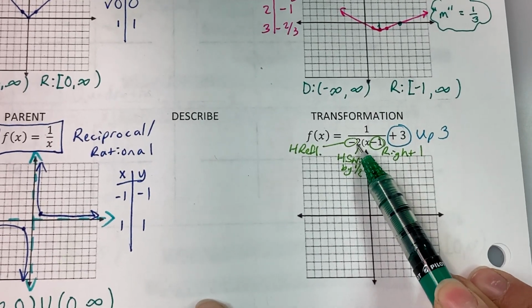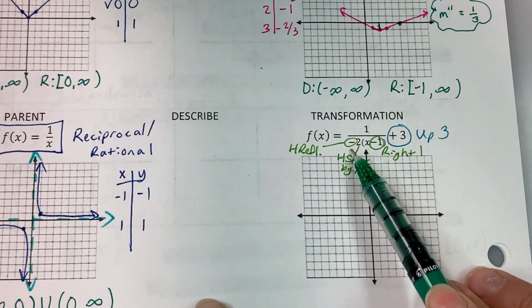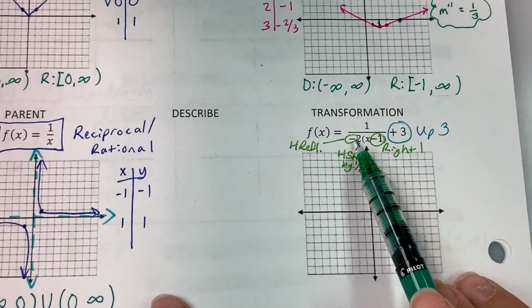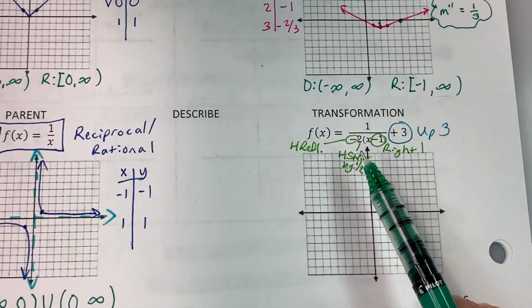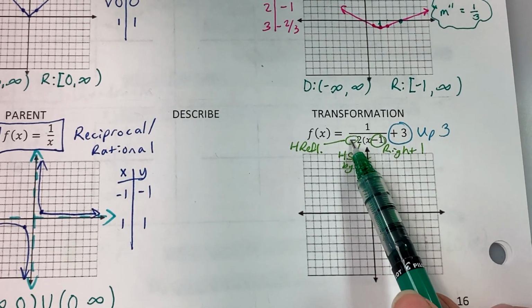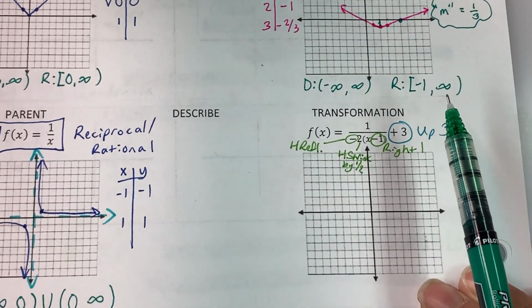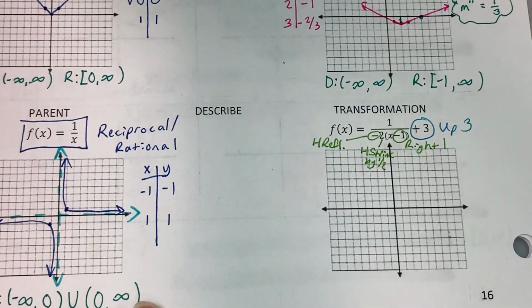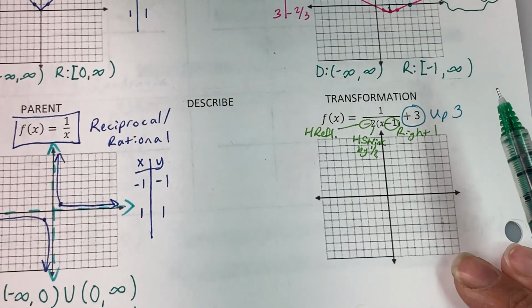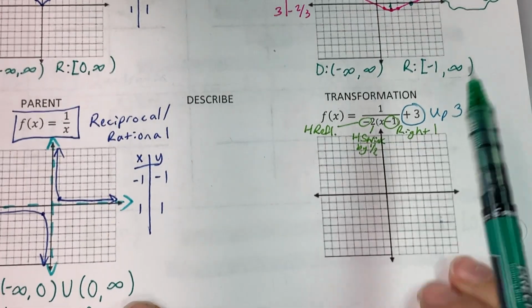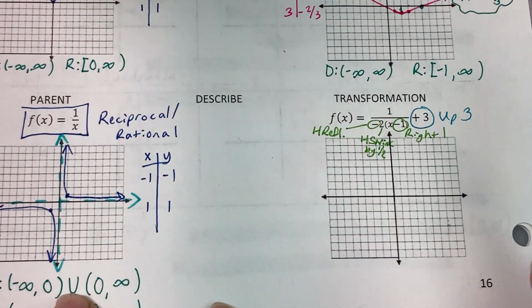The 2 is a horizontal, we reciprocalize the 2, shrink by a half, and the negative is a horizontal reflection. Now, we've talked about how having that negative down on the bottom is really the same as having it out to the side, which would be the same as a vertical reflection, and the graph would look exactly the same, but just to interpret it, where the negative is located, we would describe that as a horizontal reflection.